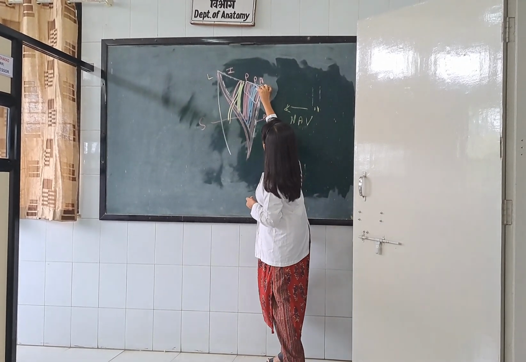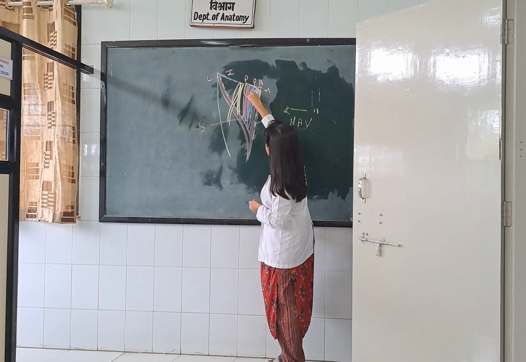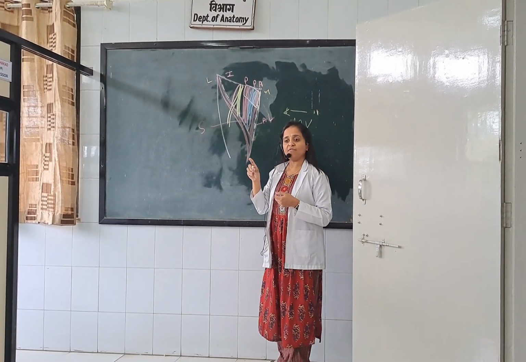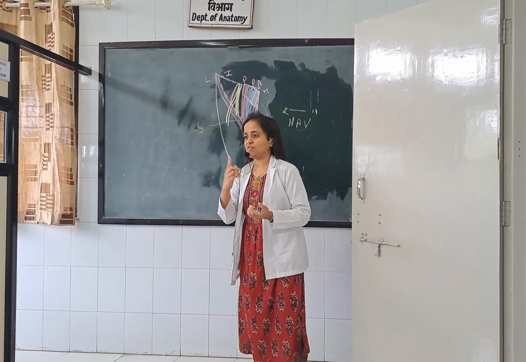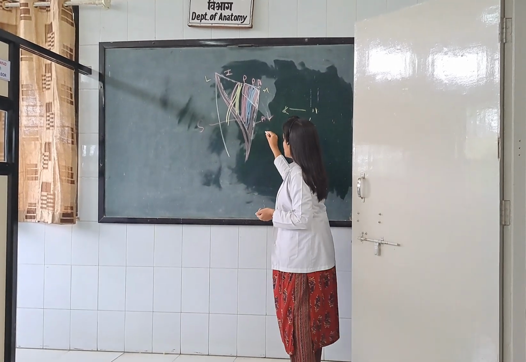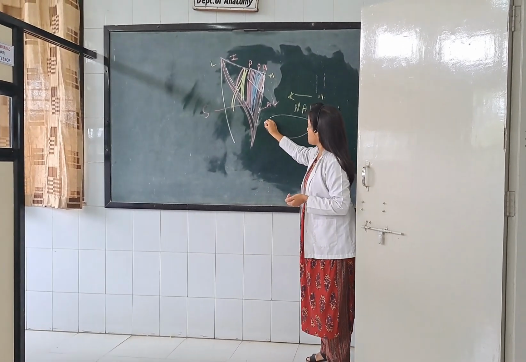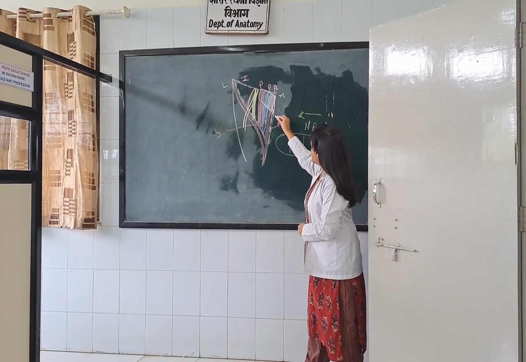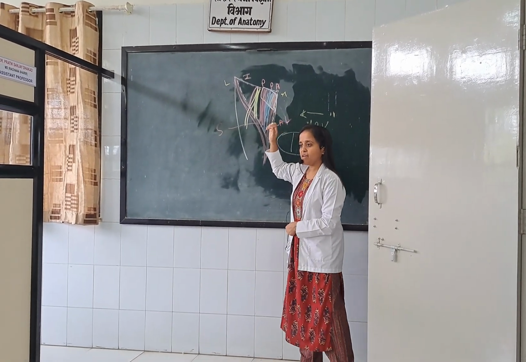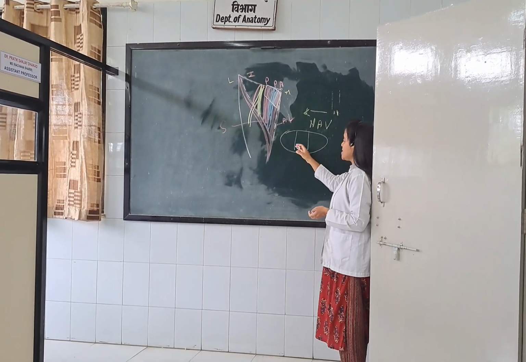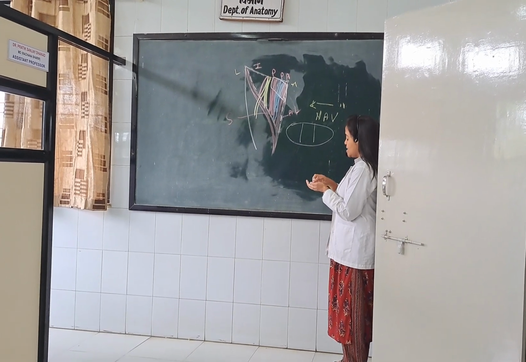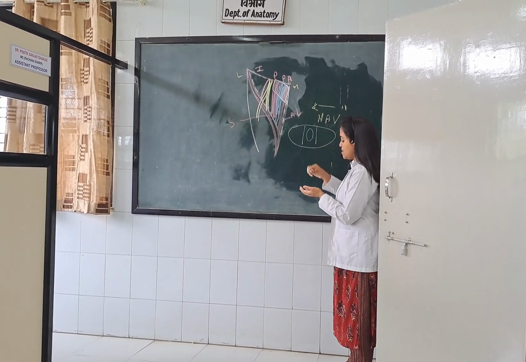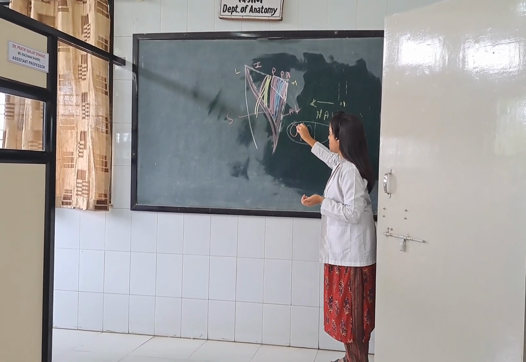Then I have also drawn one more space, extending like this. Now we will see a cross section of the femoral sheath, how it appears. It exactly appears like this. We will make 3 compartments for this, 1, 2, 3. If we take a cross section, here is your femoral vein and here is your femoral artery.